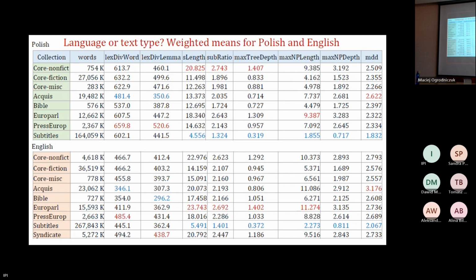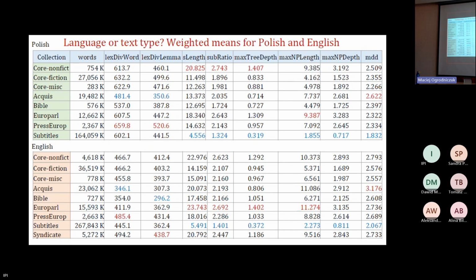The blue are the minimums, the red are the maximums. Non-fiction texts in Polish have very long sentences, almost the same in English, except for Europarl. But Europarl in Polish is also quite long.